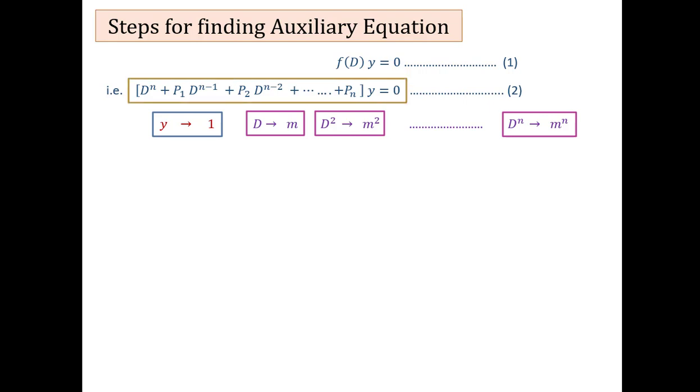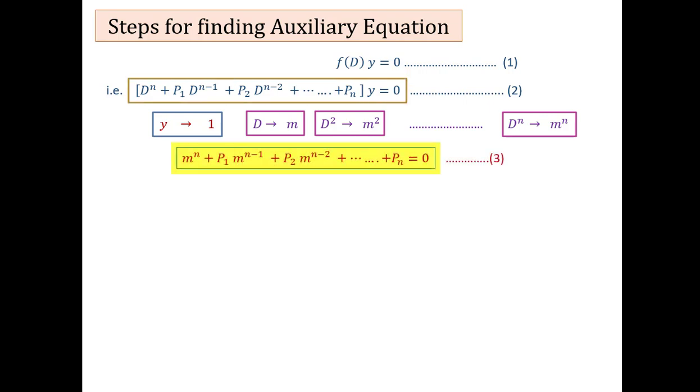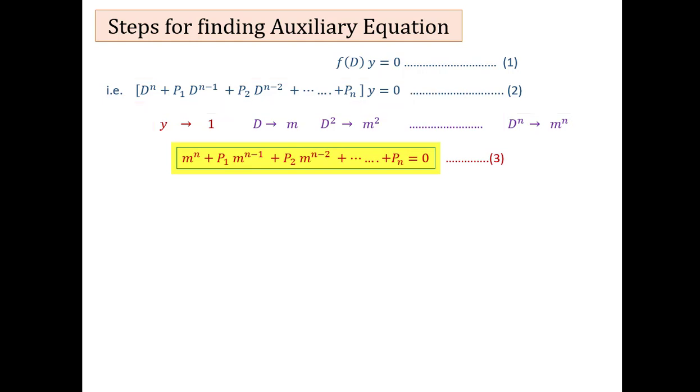Then we get auxiliary equation as, which is an algebraic equation in m of degree n. So we will get n values of m. So the complementary function of equation 1 depends upon the nature of the roots of the auxiliary equation. Hence the following cases arise.